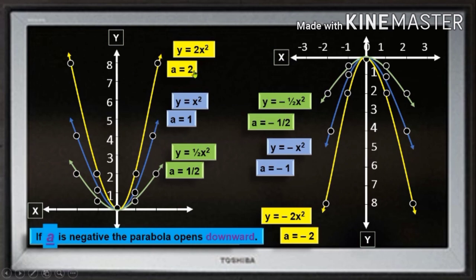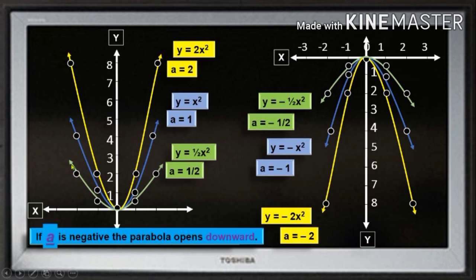Now here, the value of a is positive 2, positive 1, positive 1/2. Which of these three values has the smallest value of a? Yes, 1/2 is smaller than 1 and 2. Now let's look at the graph.